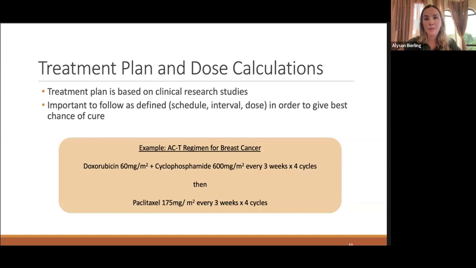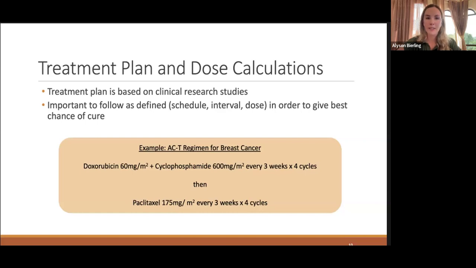So in order to optimize cure for patients, we really need to be following those treatment plans closely. Ideally, we want to follow the correct schedule, interval, and doses in order to give the patient the best chance of cure.